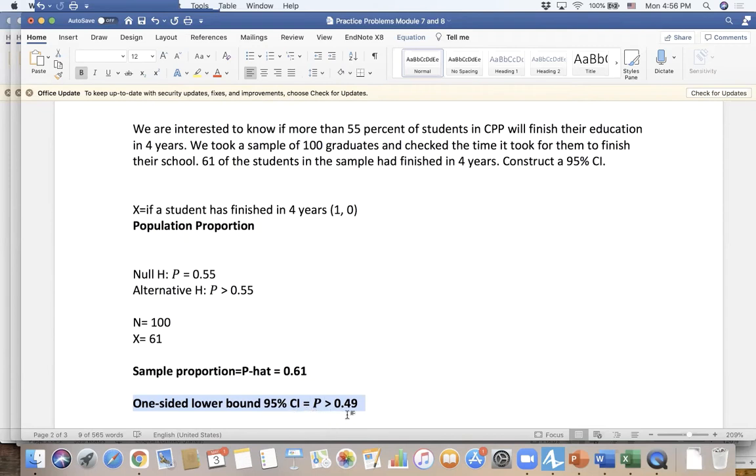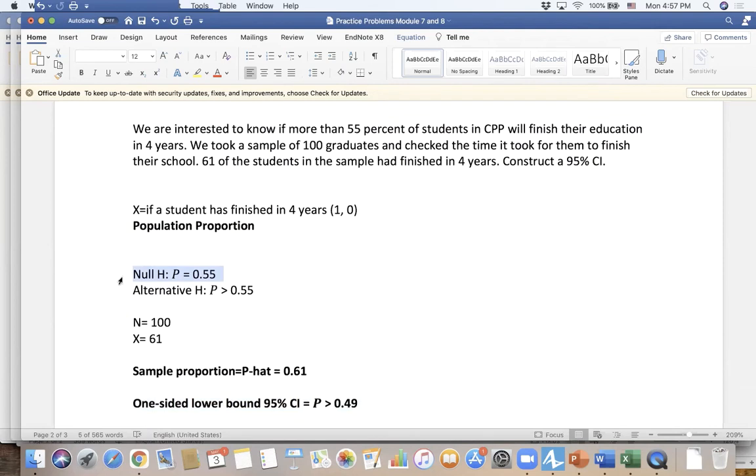And let's assume this is your confidence interval. 95% lower bound confidence interval says that P greater than 0.49, meaning that with 95% chance, I'm confident that P, the unknown proportion of Cal Poly Pomona students who will finish in 4 years is greater than 0.49. Which means less than, sorry, 0.49, it's less than 0.05. Okay. What is then your conclusion? Reject.